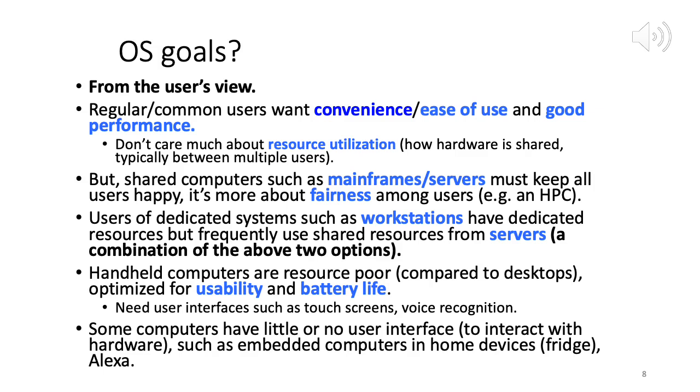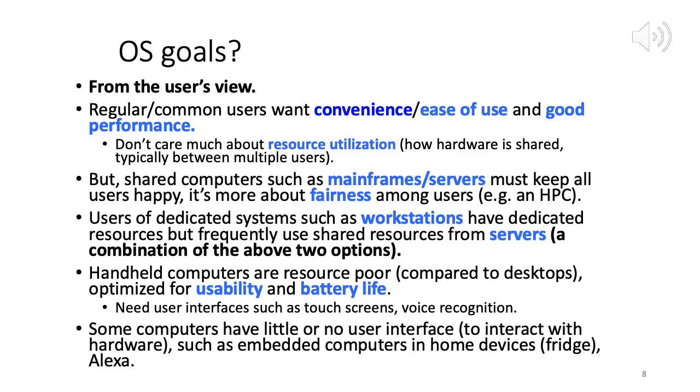So we want the interaction with the operating system to be as user friendly as possible. So people can argue then that operating an iPhone or iPad is so easy that even a 2-3 year old kid can do it. So definitely we do want convenience and ease of use.